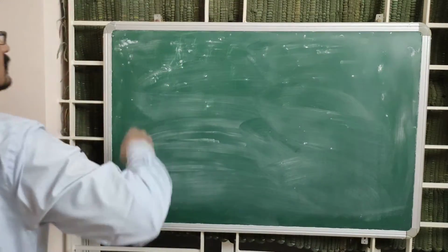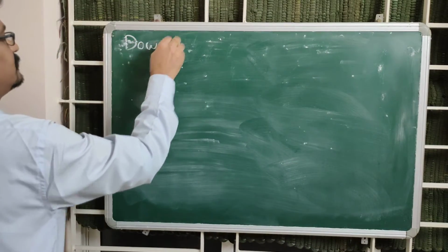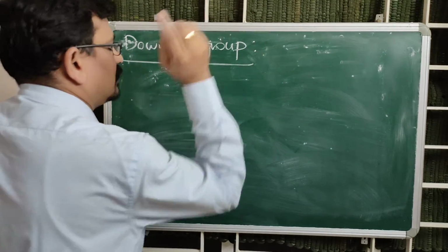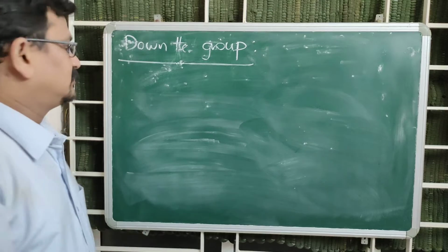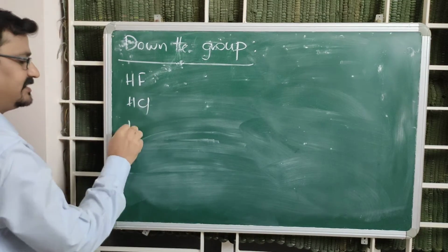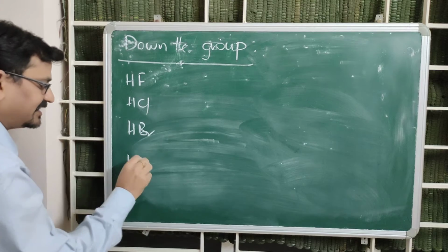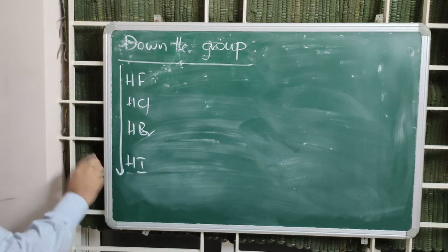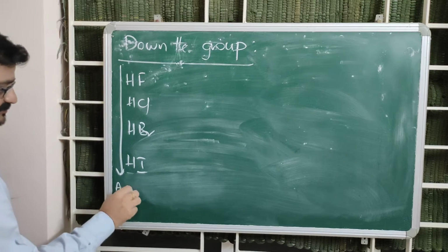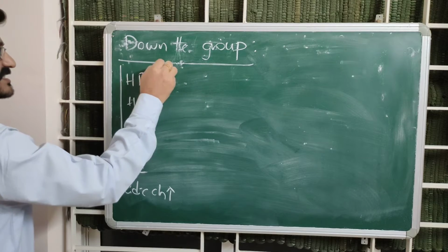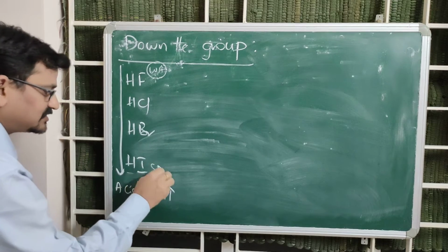Now, down the group, when the atoms of comparison are in a group, for example, hydrogen fluoride, hydrogen chloride, hydrogen bromide and hydrogen iodide. From top to bottom in this series, acidic character increases, meaning HF is a weak acid, whereas HI is a strong acid.